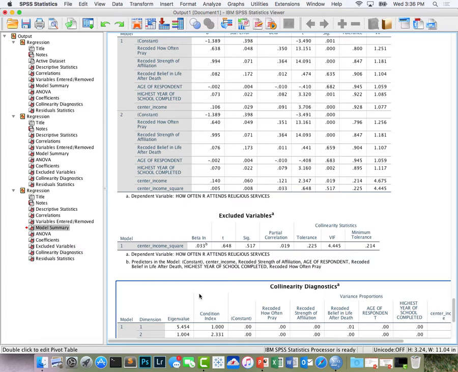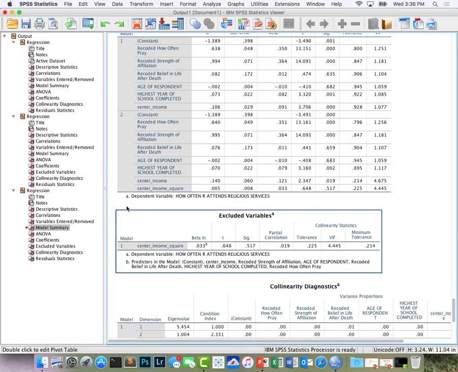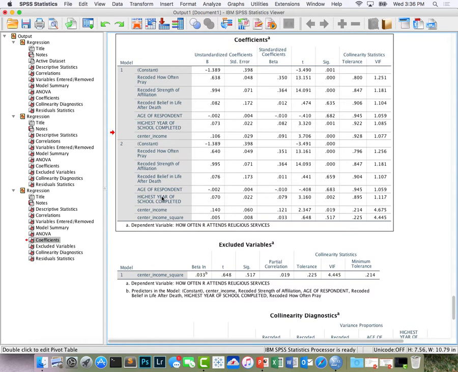So the key here was to fix the problems with the high collinearity. We centered that independent variable. The high collinearity was caused by having income and income square, right? Those two things are going to be highly correlated. If you take somebody's income, square it, and correlate the two, they're going to be highly correlated.